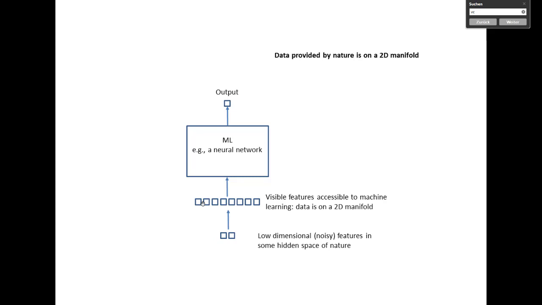So this could be maybe whatever 200 by 200 pixel image, and this is maybe some low dimensional space from which nature generates these images. Now, since it starts, let's say, with 2 dimensions, also the data in this high dimensional space would really live on this 2-dimensional manifold. And then the inputs have these characteristics that the data appears to be on this manifold.